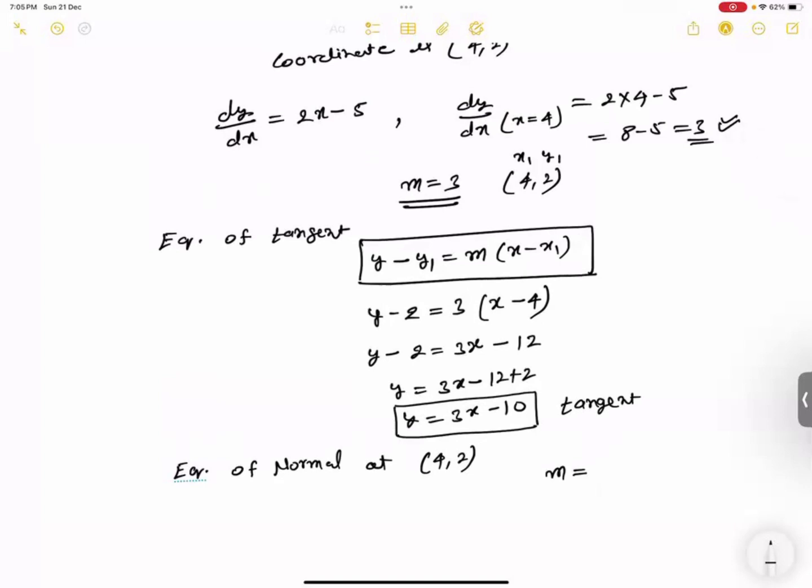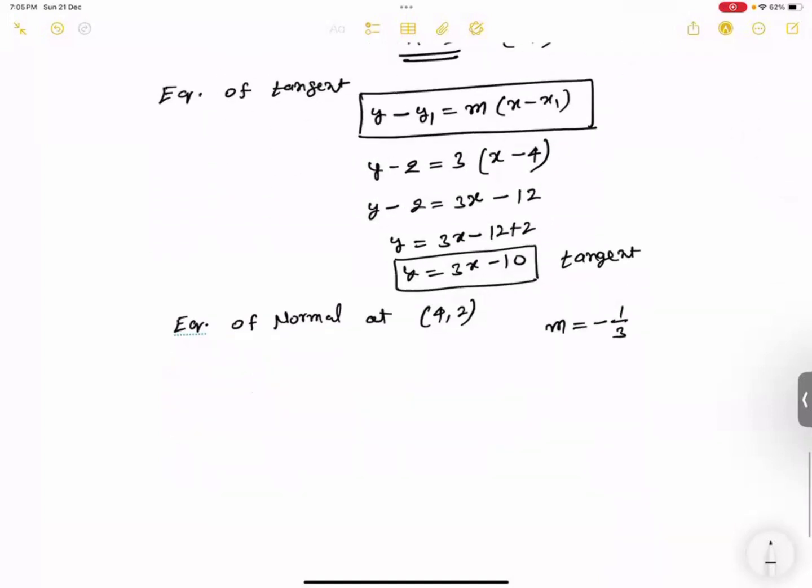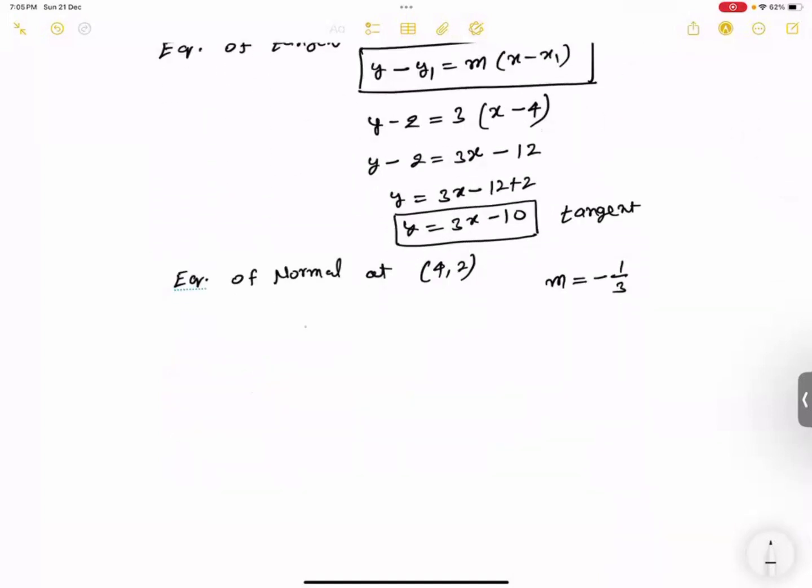So this time the gradient is minus 1 upon 3. Negative reciprocal, right? So now I'm writing the equation again. y minus y1, y minus 2 equal to m, which is minus 1 upon 3, times x minus x1. x1 is 4. And let's solve it.